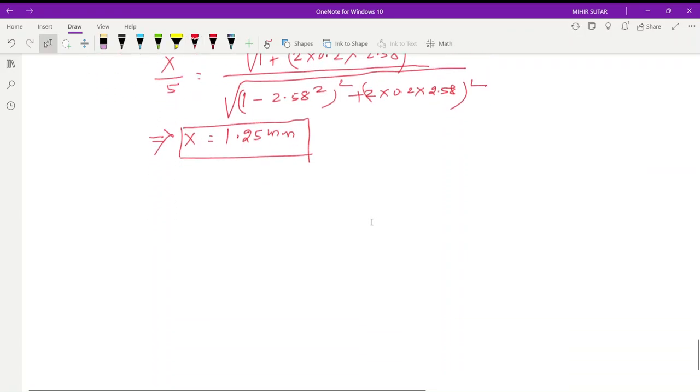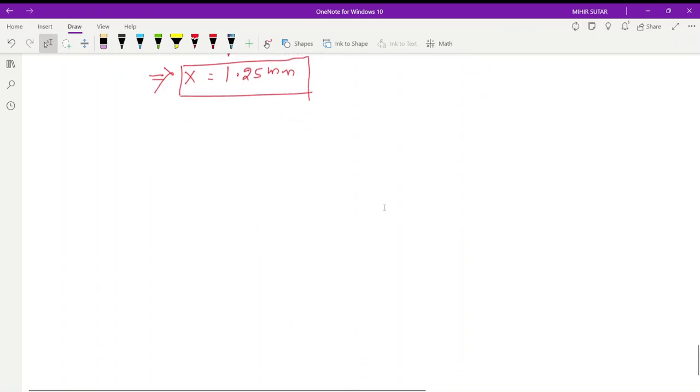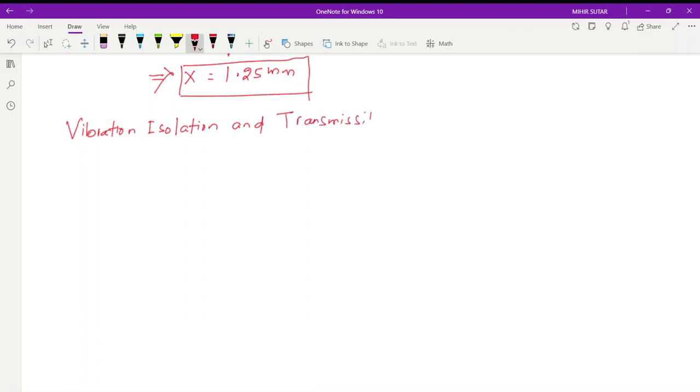Okay, now we'll be covering vibration isolation and transmissibility. Okay, vibration isolation and transmissibility. This is a very important term in vibration, forced vibration and transmissibility.